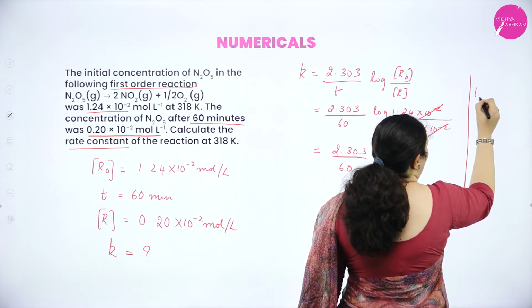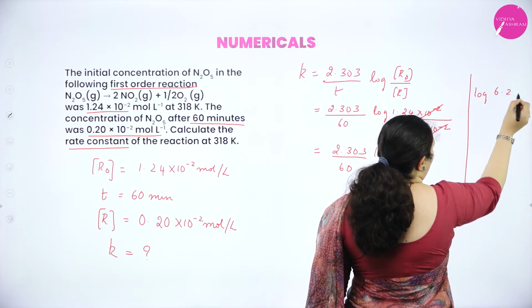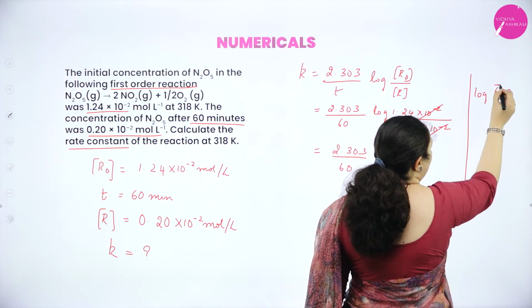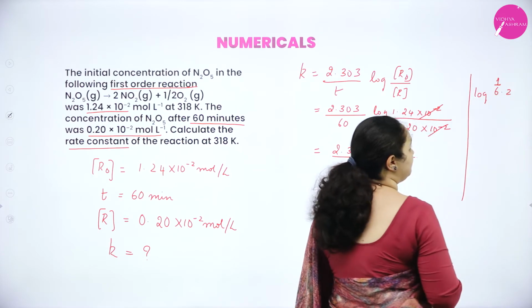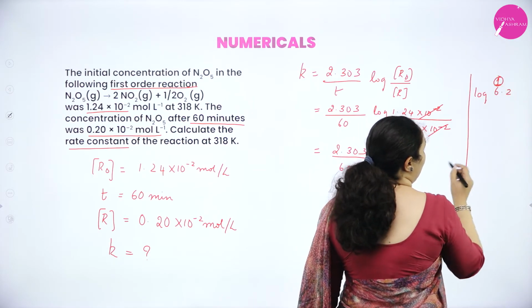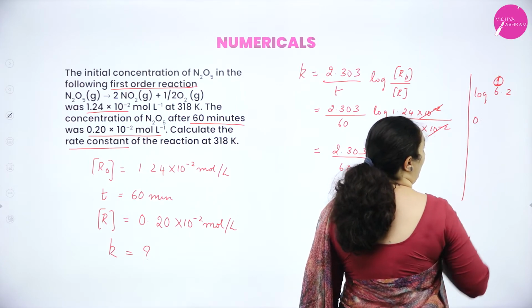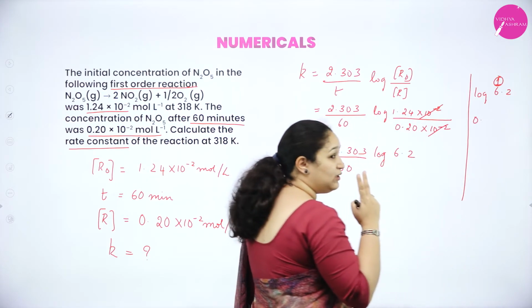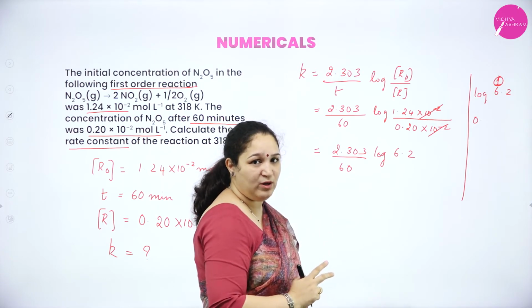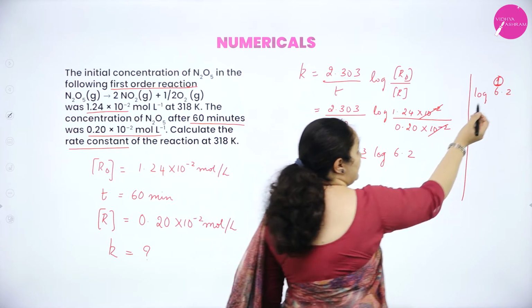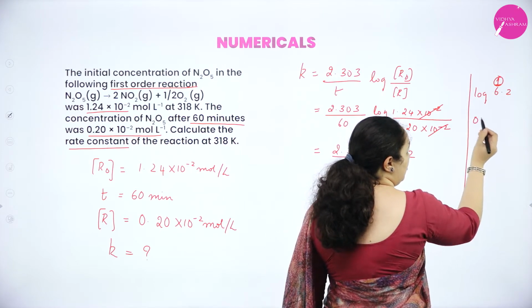So log of 6.2. Before the decimal point there is how many numbers? Only one number is there. Correct, no? So my value will be 0. If there are two numbers before the decimal point, then 1 point something will be your value. So before the decimal point I have one number, so it is 0.